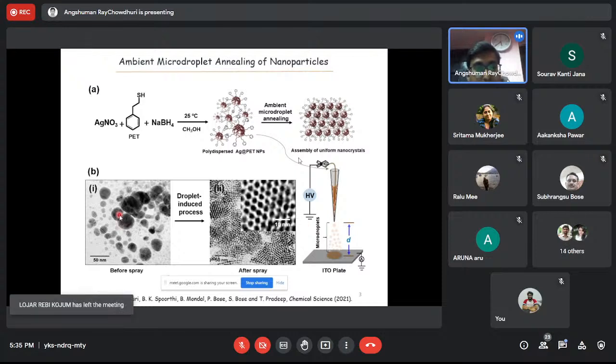So this is before the spray, as you have seen. Again, this is before the spray and this is after the spray. And here you can see how monodispersed it is. A hexagonal arrangement of the nanoparticle crystals is forming. Sometimes we call this a superlattice of nanocrystals.